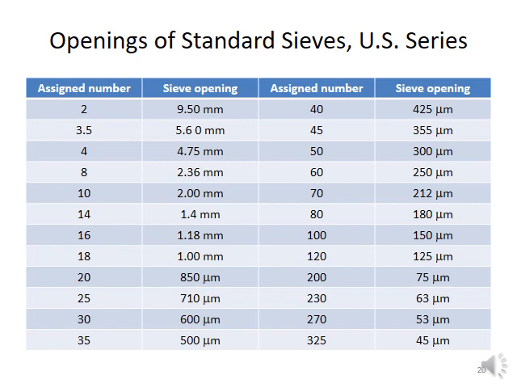Number 35, for example, means that we have 35 openings within the same area and the size of each opening is 500 micrometers. When we increase the assigned number, the size of the opening is reduced. Usually students ask me, do we need to memorize this table? And the answer is no.